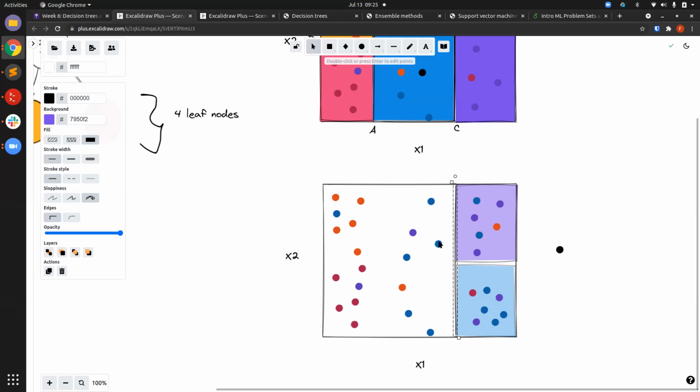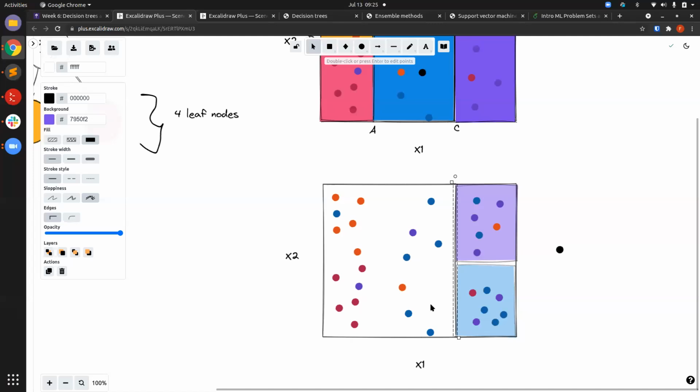So the classification for this entire region is going to be blue. Our classification error might actually be pretty high because all of these points in the purple region will be misclassified. That's okay because I can then split again in the future. So we want something that's going to behave a little bit differently than classification error.